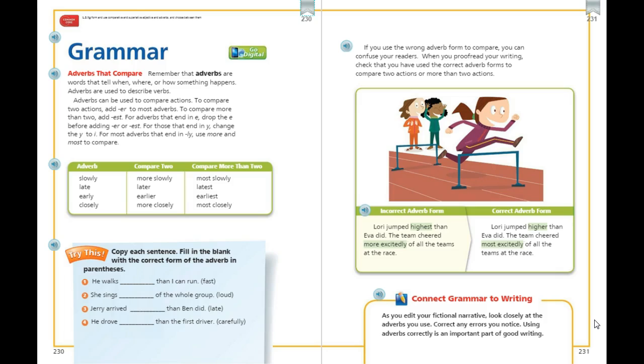Now, we are supposed to also be talking in this lesson about adverbs that compare. Comparative and superlative adverbs. A comparative compares two. A superlative adverb is what?